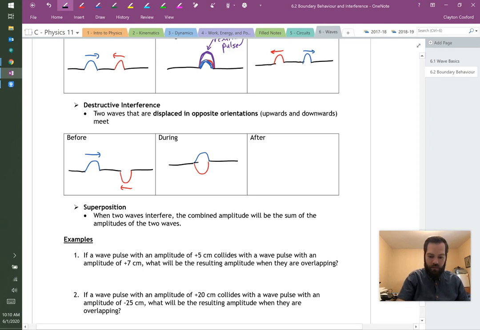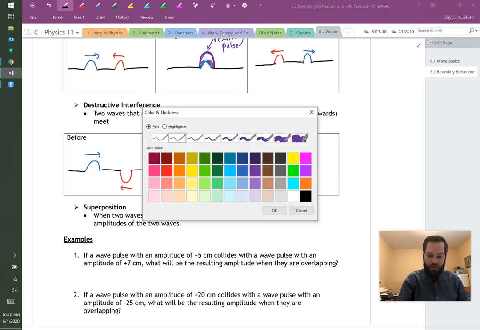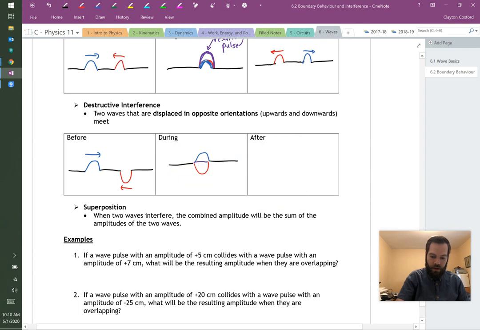Let's just imagine that these are the same. Our resulting wave would be the subtraction of these two. And then they will move off in their individual directions.